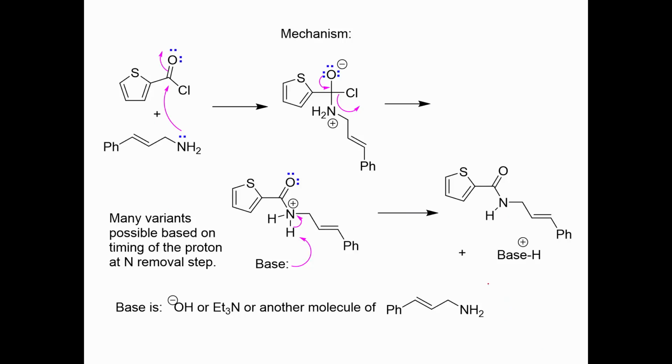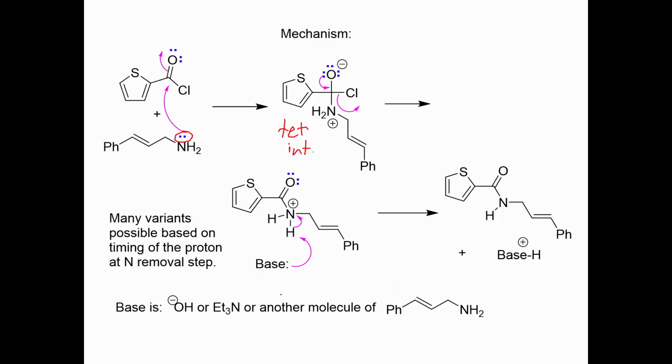All right, this is just nucleophilic acyl substitution. Our nitrogen lone pair attacks the carbonyl group to give us our tetrahedral intermediate. Okay, we're displacing the chloride. This gives us now the substituted compound and our base.